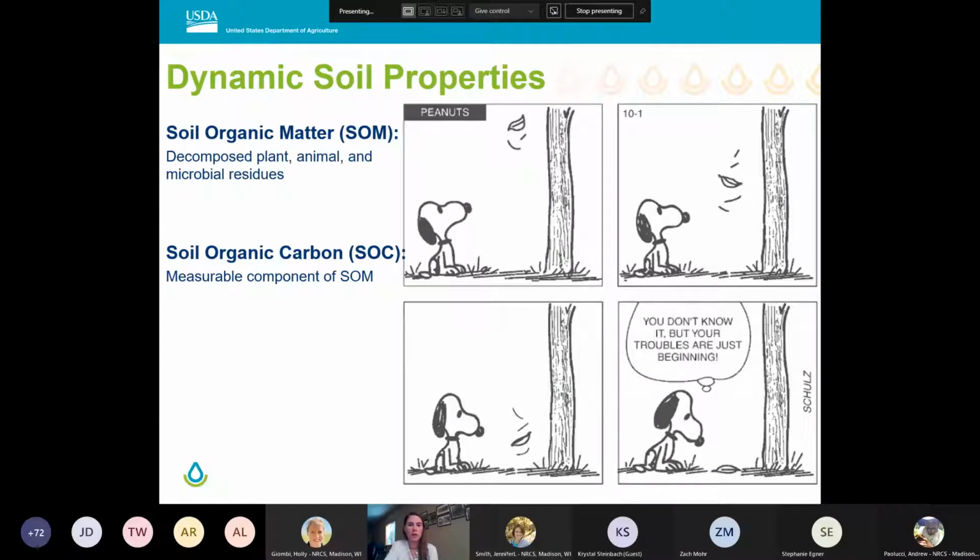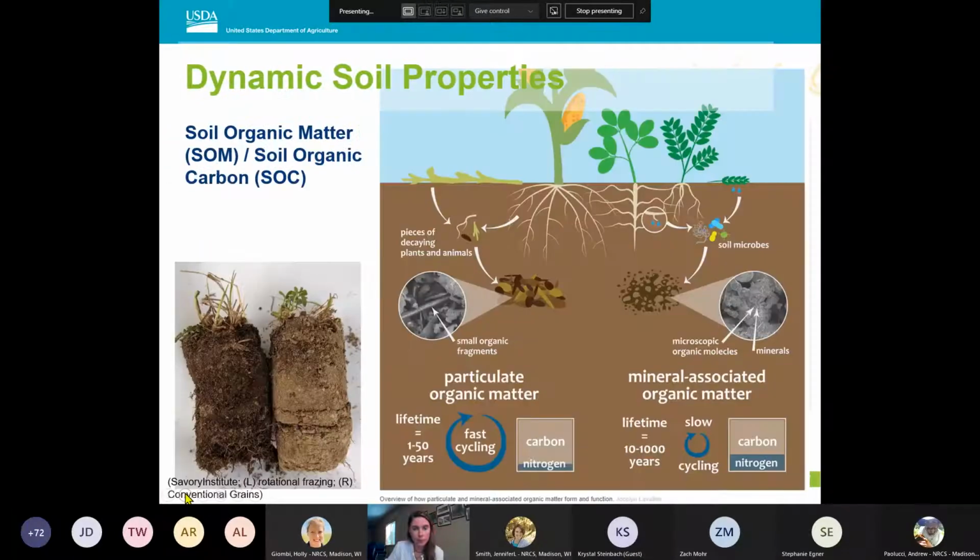So if you know your organic matter content of the soil, you can calculate and convert it to total or soil organic carbon. And I really like this cartoon because it demonstrates the really complicated process of decomposition and how organic material from the above ground can be incorporated into the below ground component. So I thought that was a cute demonstration. Next slide, please.